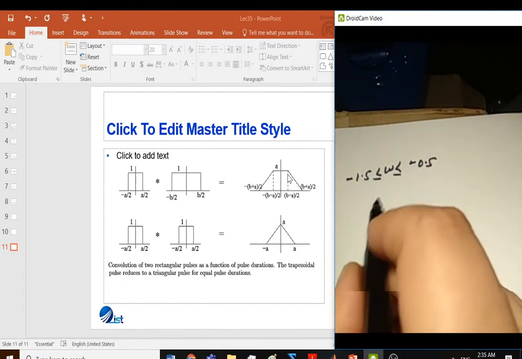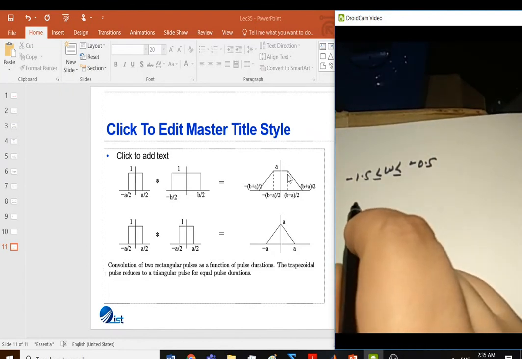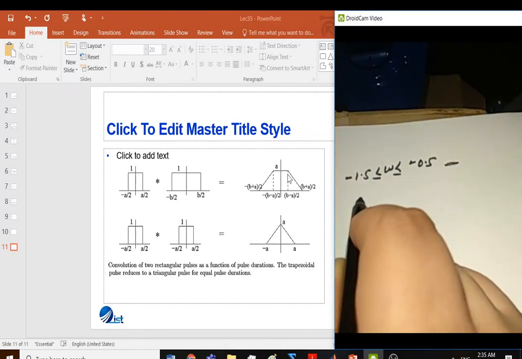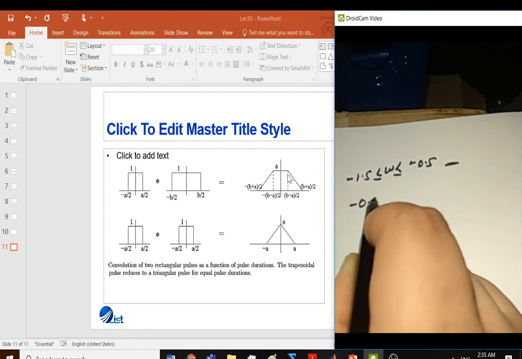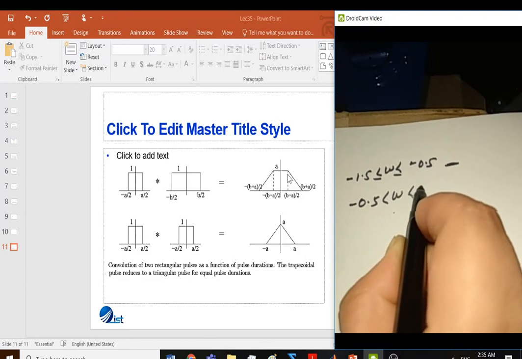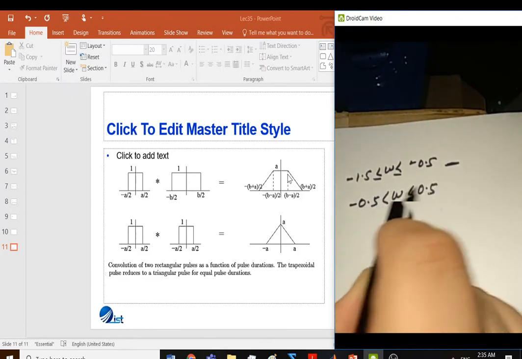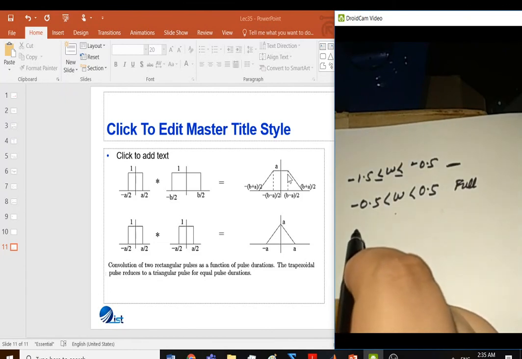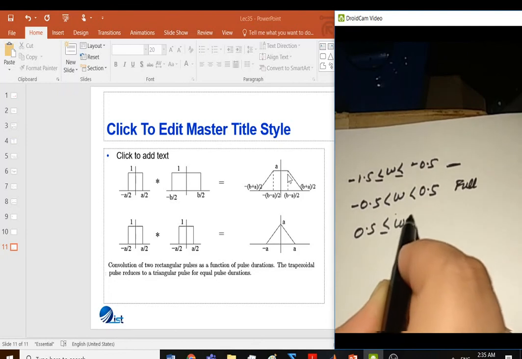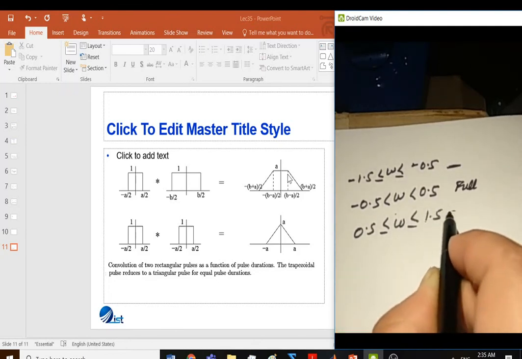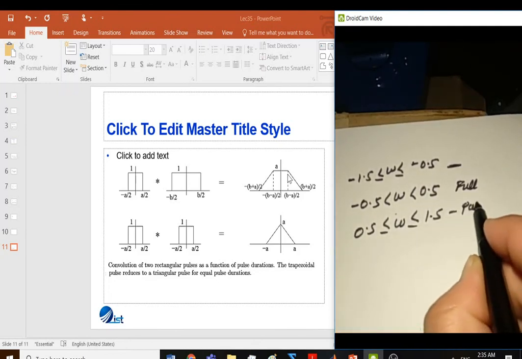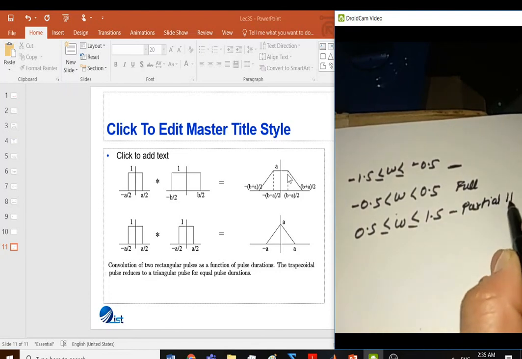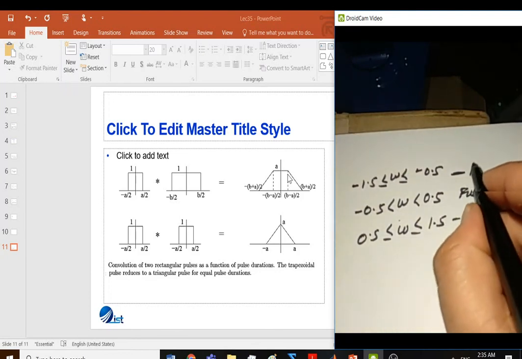Then for the full overlap region we have the range minus 0.5 less than omega less than 0.5, and for the third region we have 0.5 to 1.5, again partial overlap.